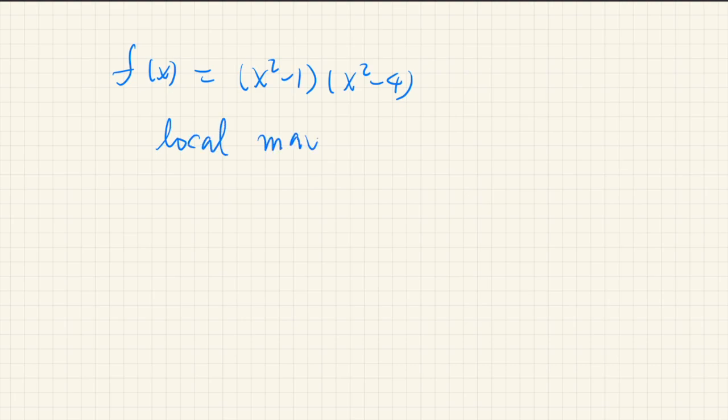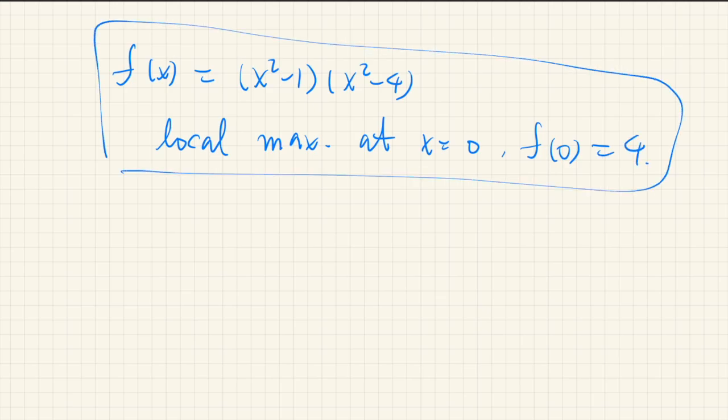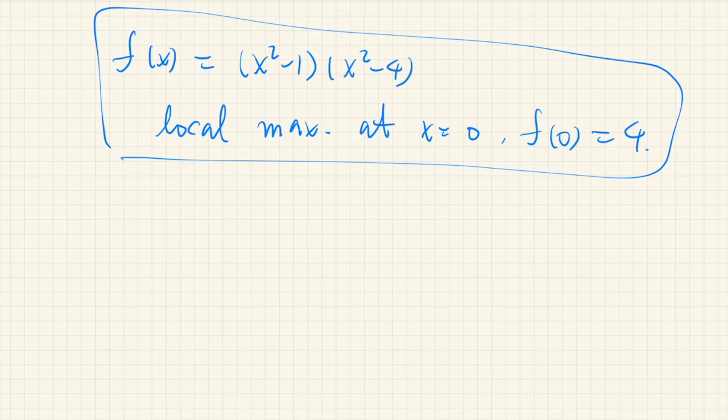Now consider another example. f of x is equal to x squared minus 1 times x squared minus 4. This function takes a local maximum value at x equal to 0, and the value of f of 0 is 4. If you just plot the graph of this function, it's obvious.